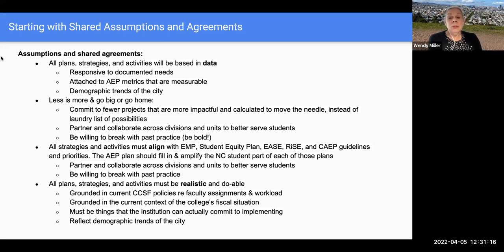And so there are some changes to how we are doing things to save money as a college. So we can't plan for things with this money that differs from the college's policy and the college's fiscal reality. So those were my shared assumptions and agreements. And prior to launching big conversations with people, I would share this with them to see if they felt that they could agree to these things.